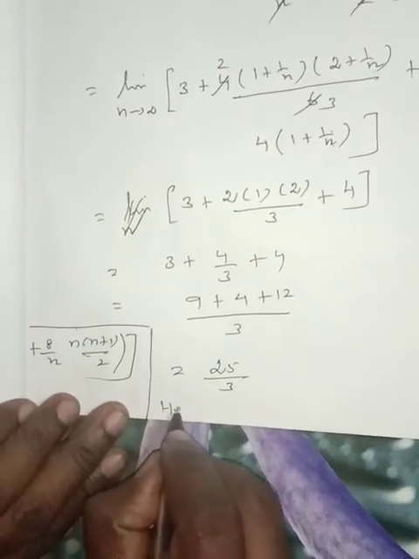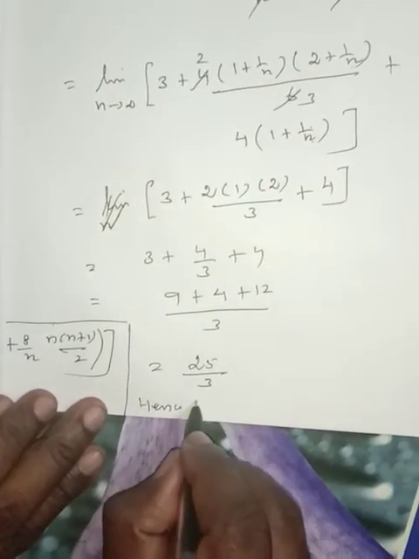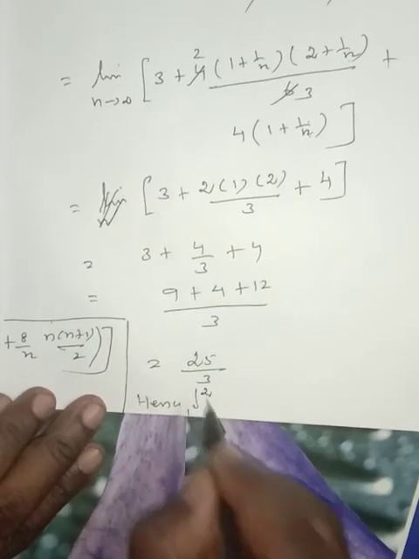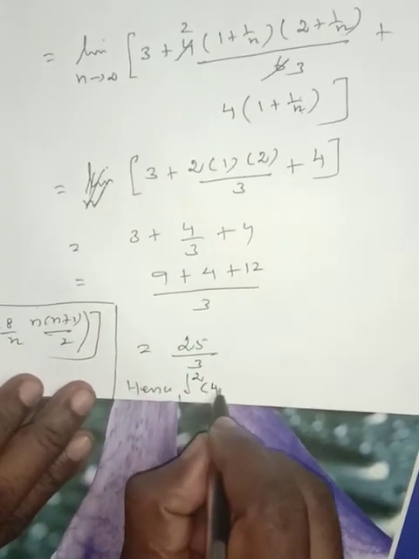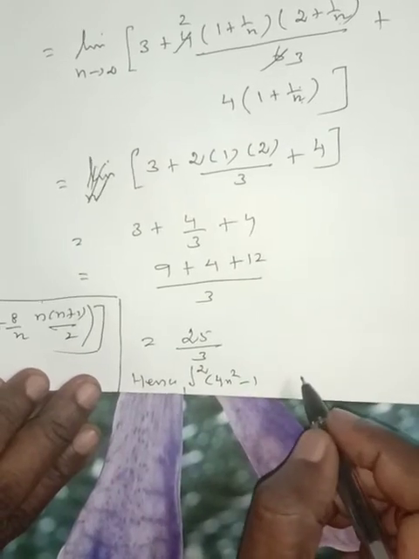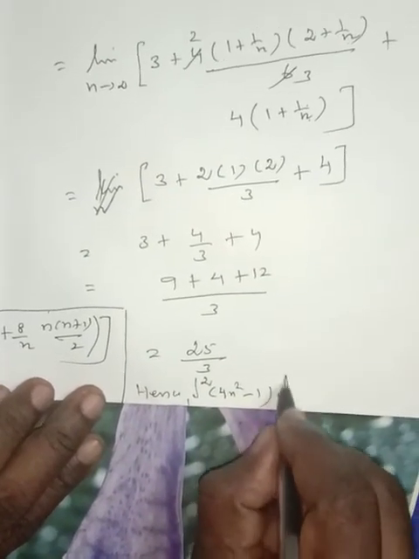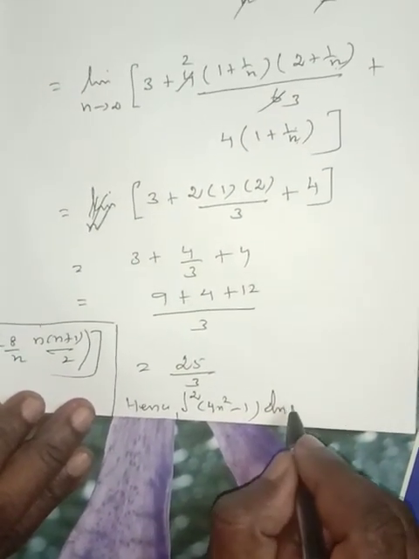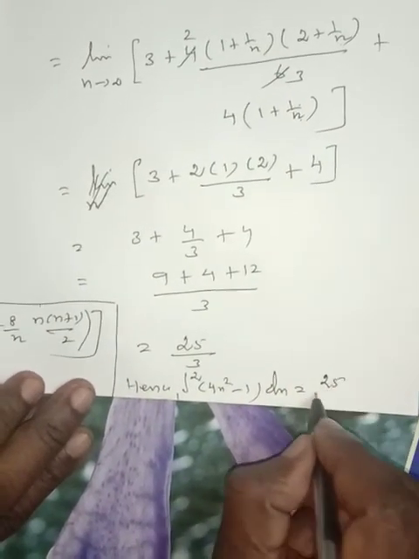Okay. The integral from 1 to 2 of 4x square minus 1 dx is equal to 25 divided by 3.